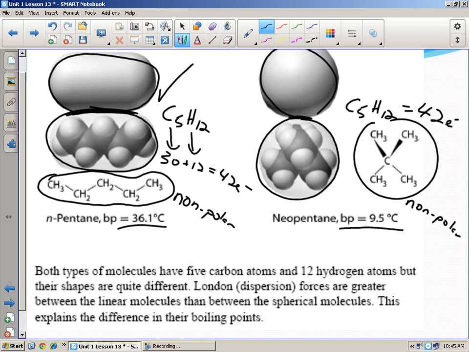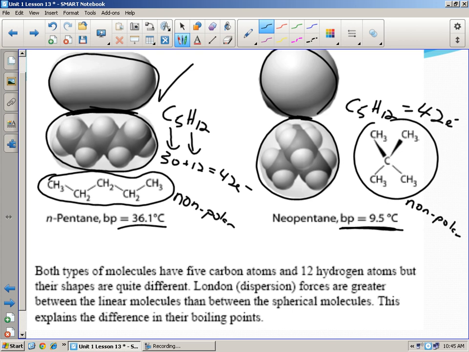We put both of these in the pot, and we turn both burners on at the same time, okay? 0 degrees. So we get to 5 degrees Celsius, we get to 7, we get to 8, we get to 9.5, and guess what happens? This one starts to boil. And that one starts to boil. What does that mean? The liquid, all those intermolecular forces that have connected all of those neopentanes, if you want to call them that, are starting to break, okay?